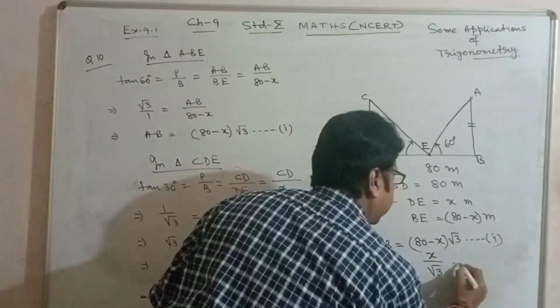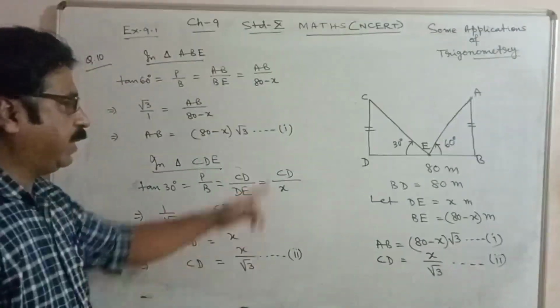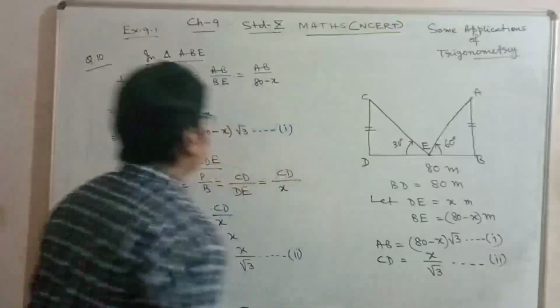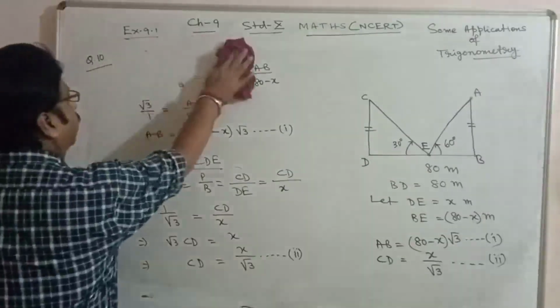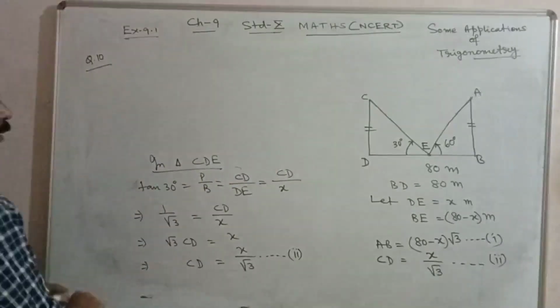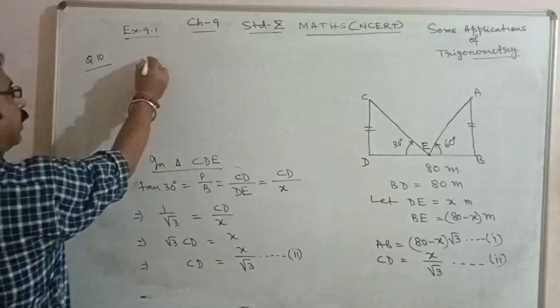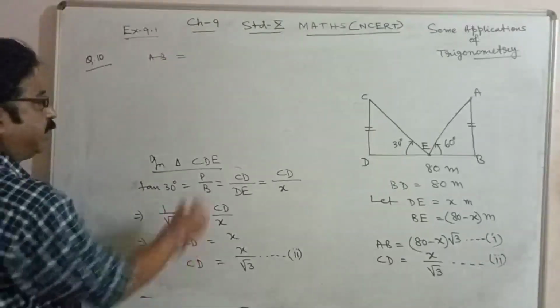Equation 1, equation 2. And it is given AB is equal to CD.